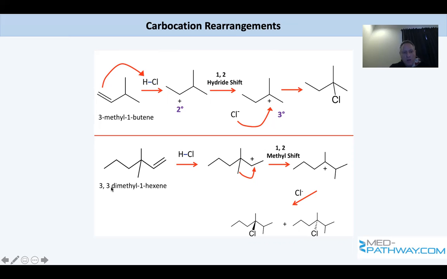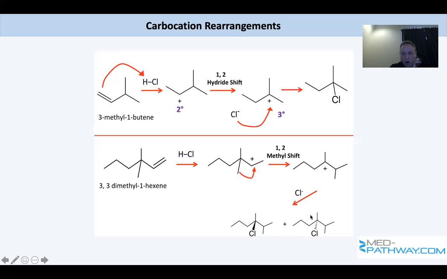Now over here, you take 3,3-dimethyl-1-hexene and react it with hydrochloric acid, and you get a secondary carbocation, but now you have a methyl group over here. This methyl can actually shift. So you have a tertiary carbocation that reacts with the chloride anion, and in this case you do generate two new stereocenters.